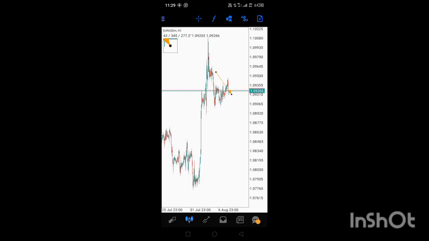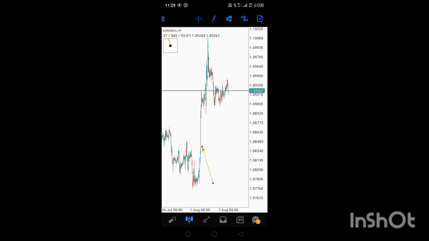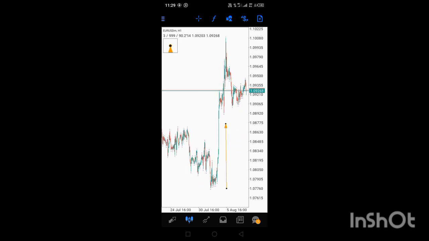If the market is going up, like this, your stop loss will be below, and your take profit will be above the price. So what you will do is take this cross, go below it, and pick a number, this 1.07715.